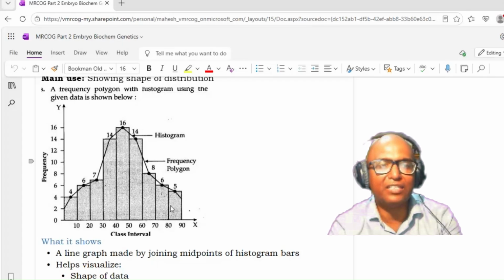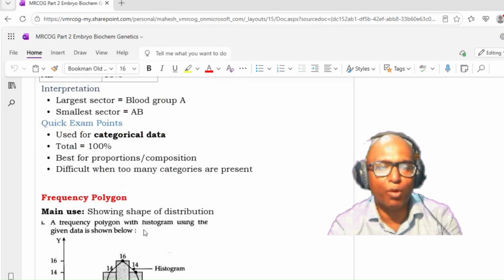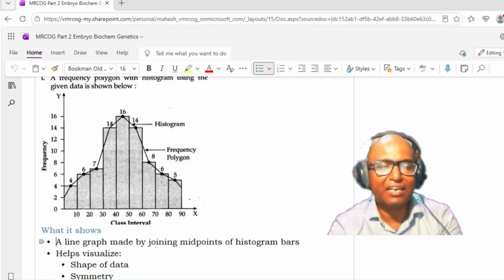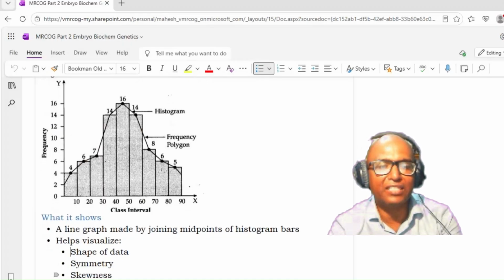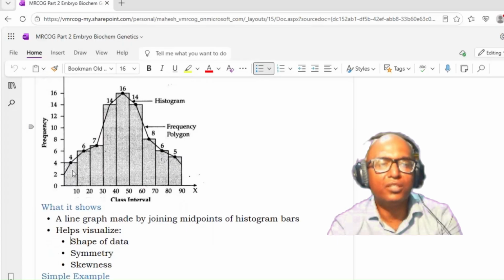That is the frequency polygon. A line graph made by joining the midpoints of the histogram bars helps to visualize the shape of the data, the symmetry and the skewness.